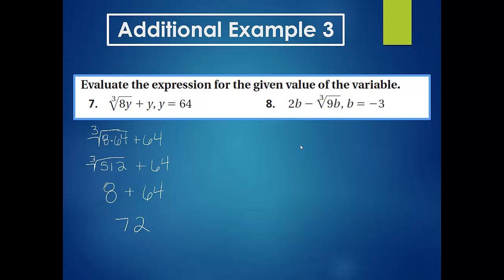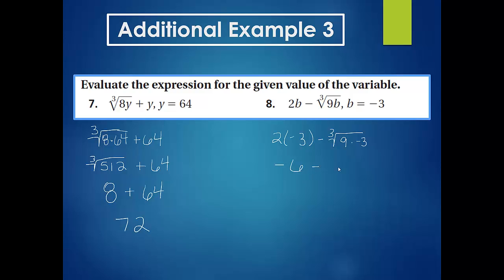For number 8, I have 2b minus the cube root of 9b. And we're going to solve this if b equals negative 3. So I have 2 times negative 3 minus the cube root of 9 times negative 3. 2 times negative 3 is negative 6.